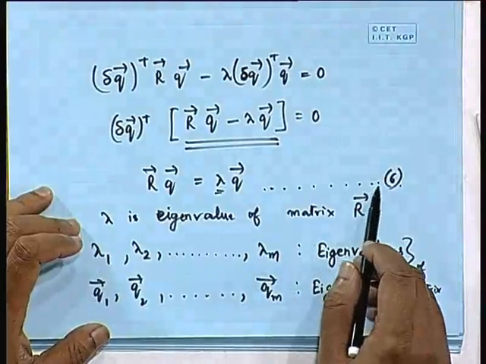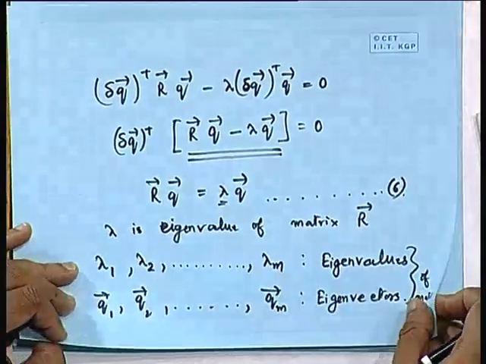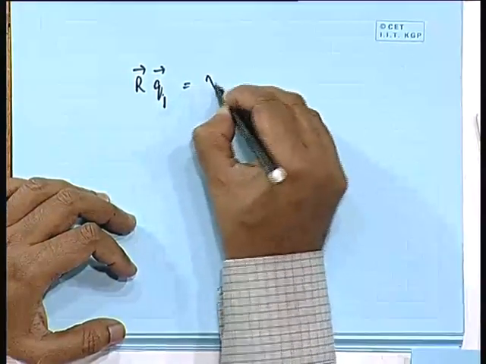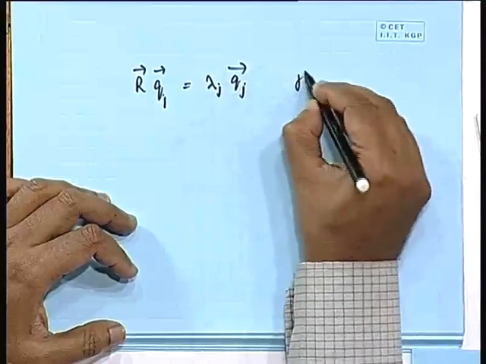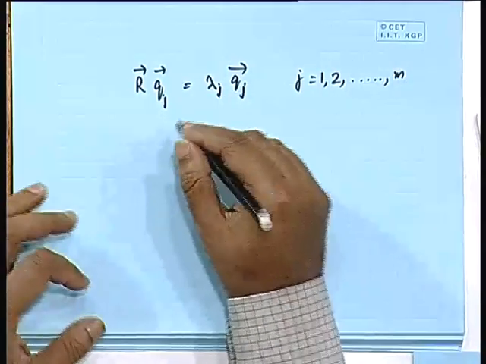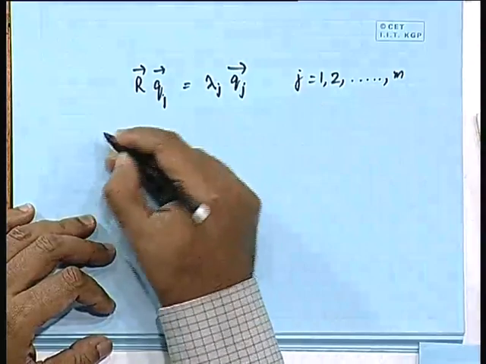Now, actually, as we agreed, there are m such solutions to equation number 6. So, we can write down in the following way: R q j is equal to lambda j q j, for j equal to 1 up to m. And let the corresponding eigenvalues be arranged in decreasing order.